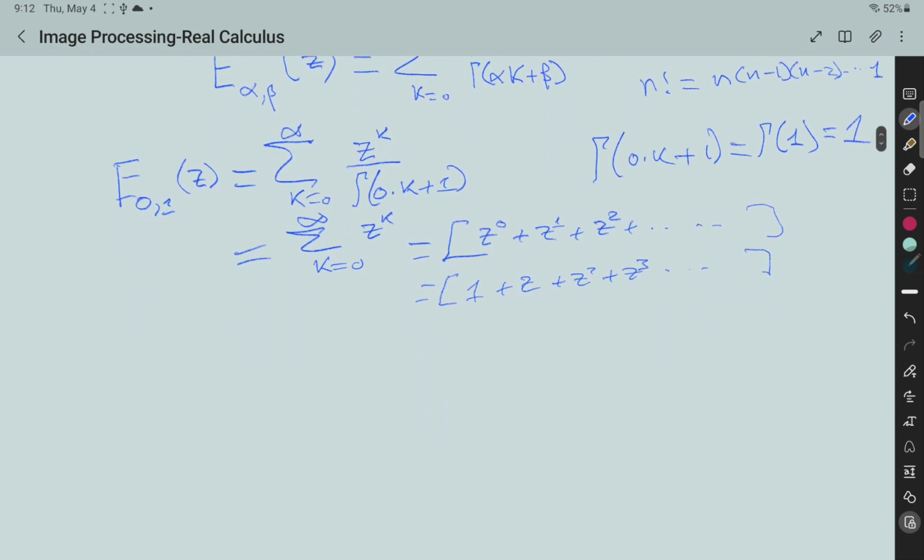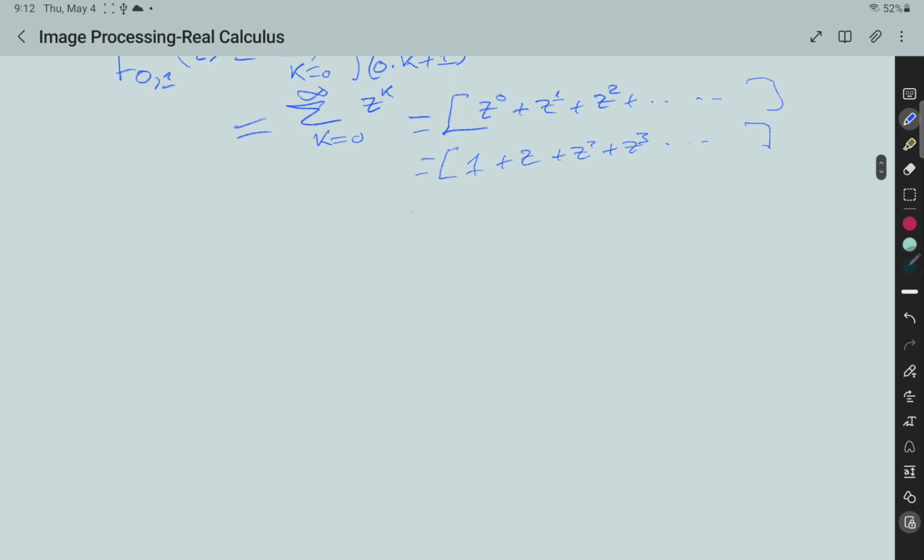We see here that this is nothing more than a geometric series. So this is equal to 1 divided by 1 minus z, provided that the magnitude of z is less than 1. We need this so that this expression converges.